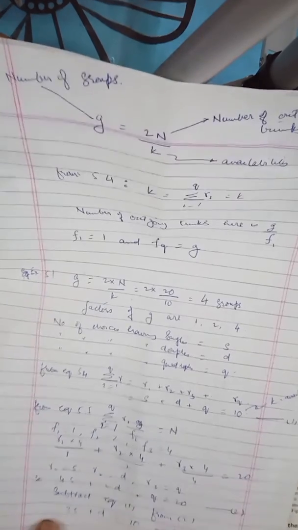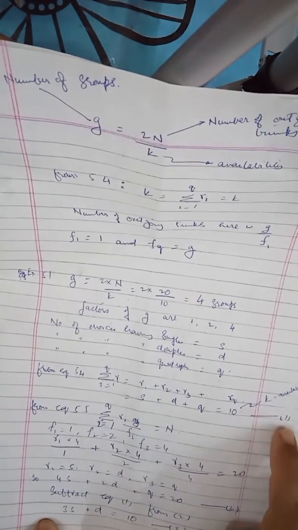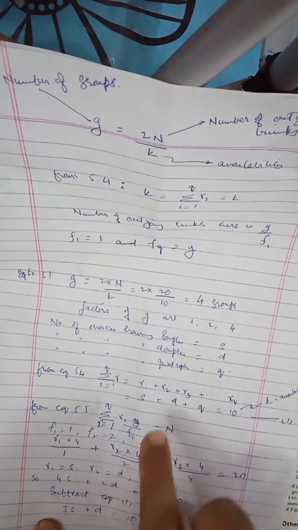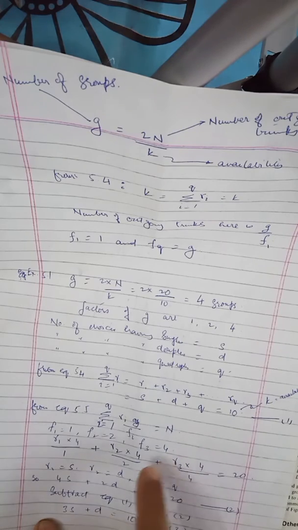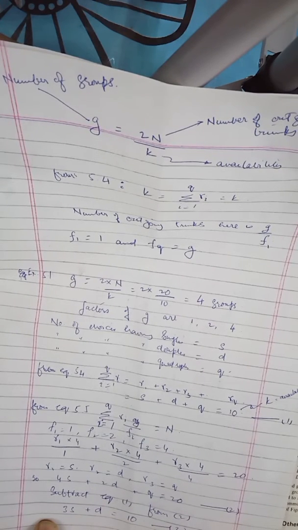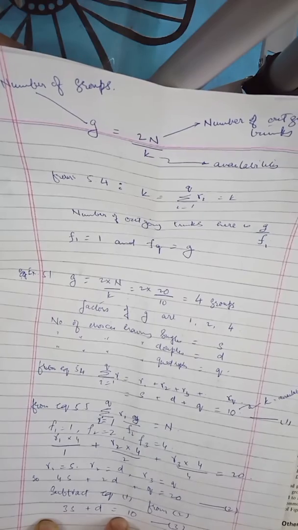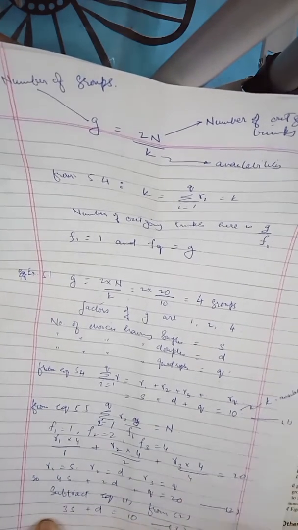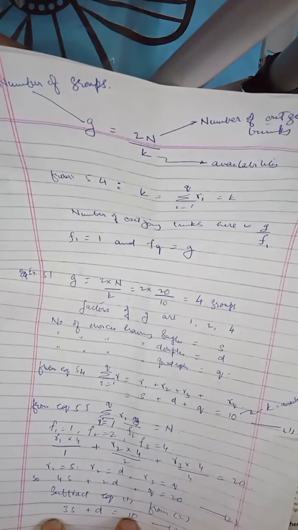Now subtract equation 1 from equation 2. 4S minus S is 3S, plus 2D minus D is D, plus Q minus Q is 0. So we get rid of the value Q, and we get 3S plus D equal to 20 minus 10, which is 10. So we get a third equation.